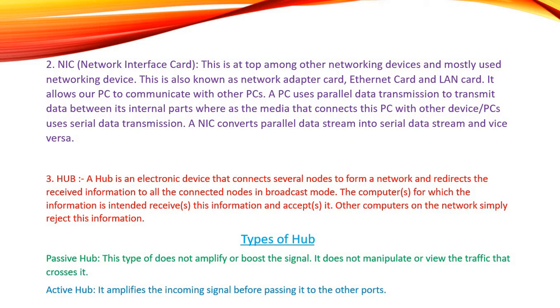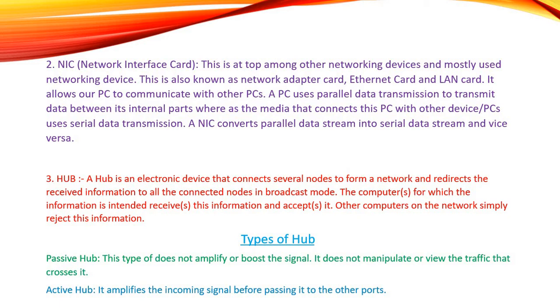The computer for which the information is intended receives it and accepts it. Other computers on the network simply reject the information. There are basically two types of hub, active as well as passive.